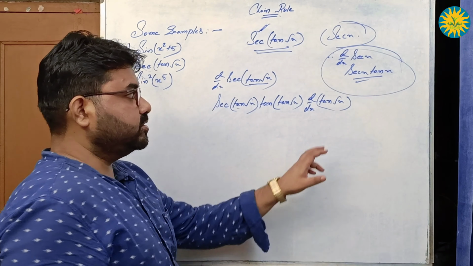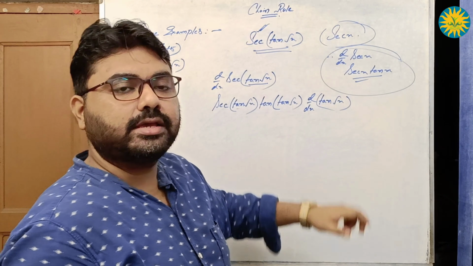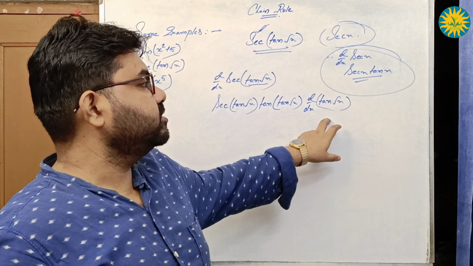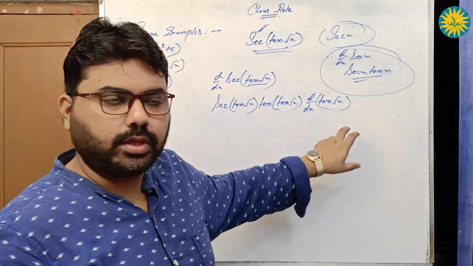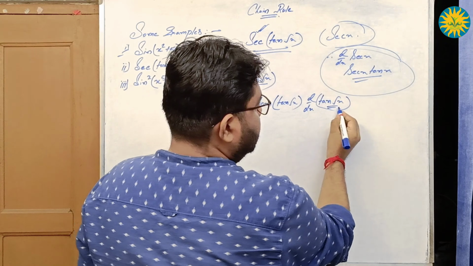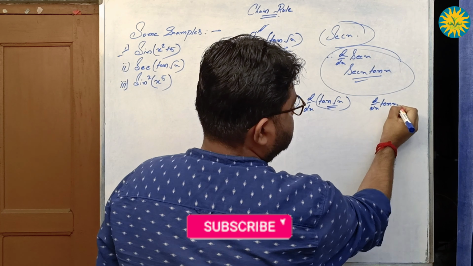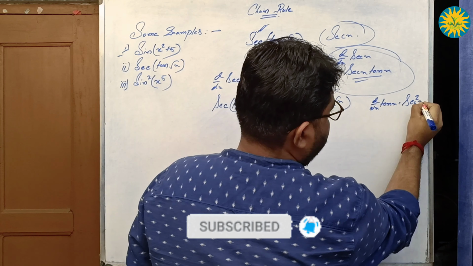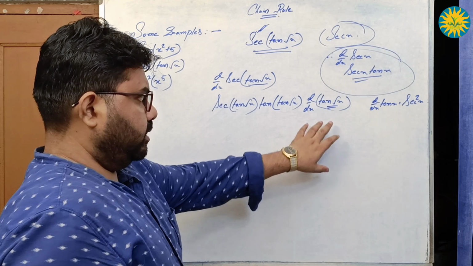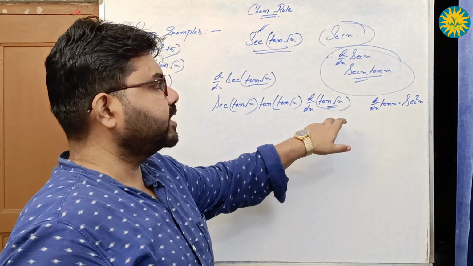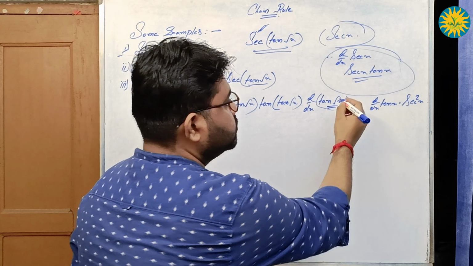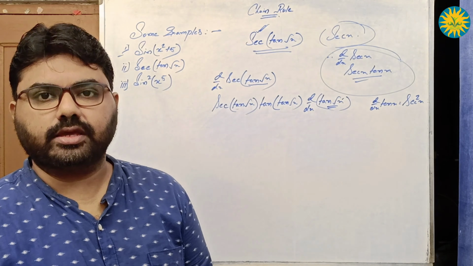What is the formula for the differentiation of tan x? The differentiation of tan x is sec square x. So d/dx of tan x equals sec square x. So we can write that for tan of root x it means sec square x, but no, it's not x, it's root over x.